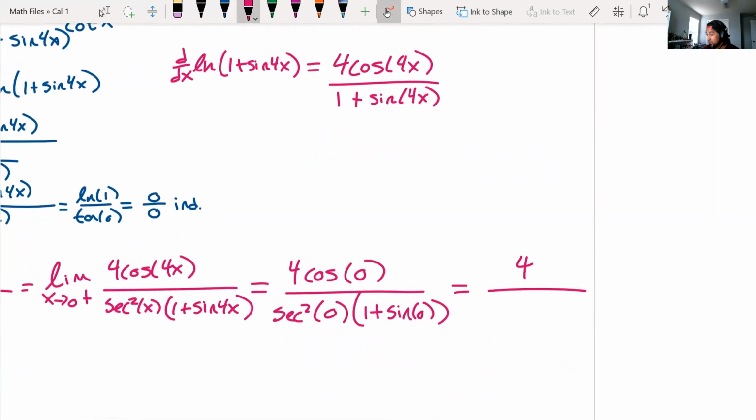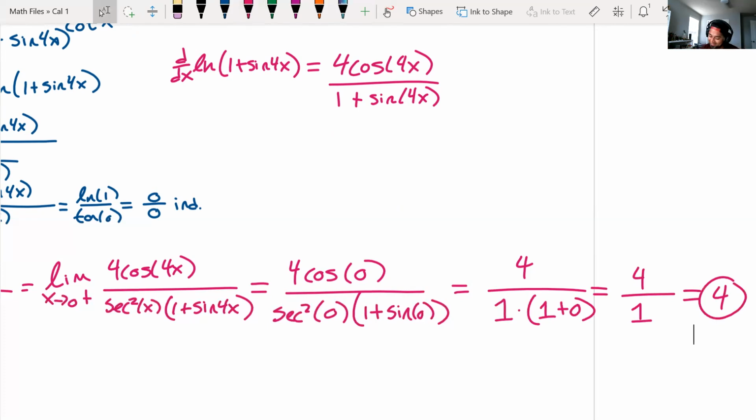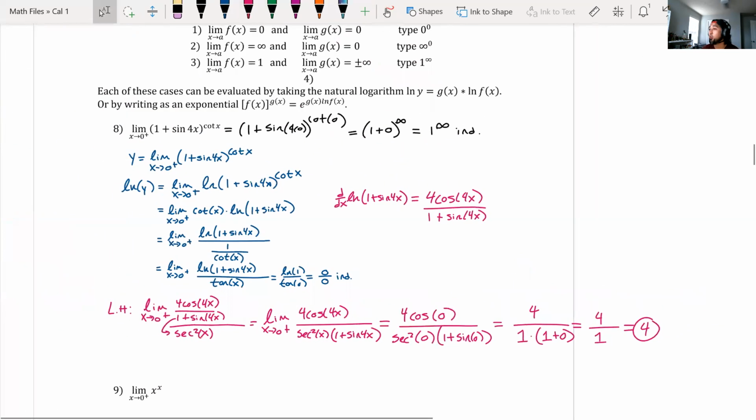What is secant squared at 0? 1. And what is sine at 0? 0. So you end up with 4 over 1 times 1, which is just 4. Okay, but we're not done yet because we still have the left side to deal with.